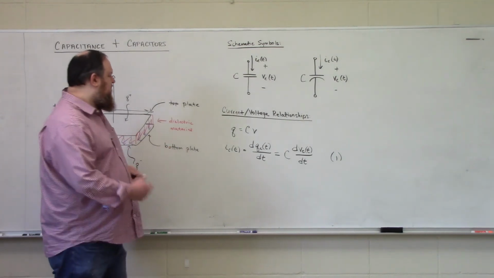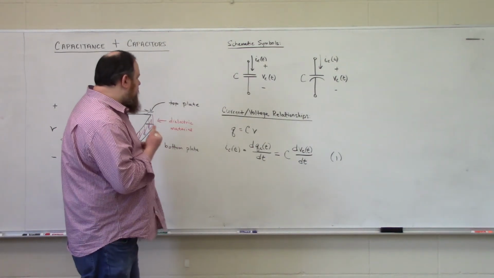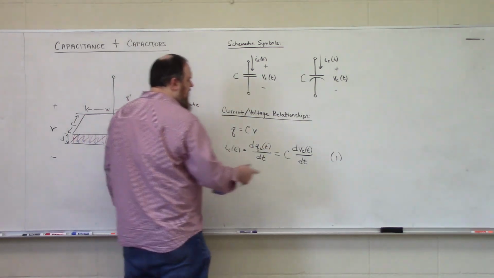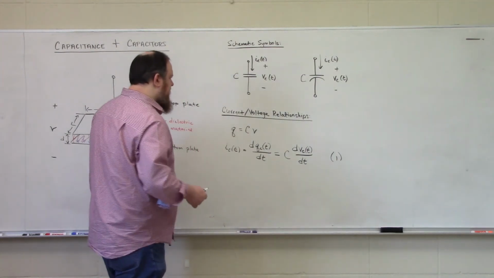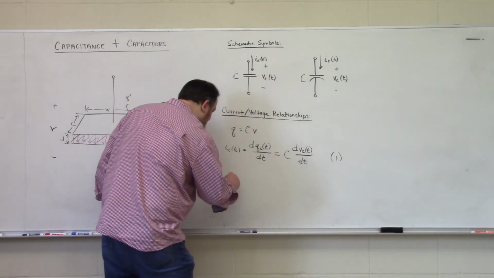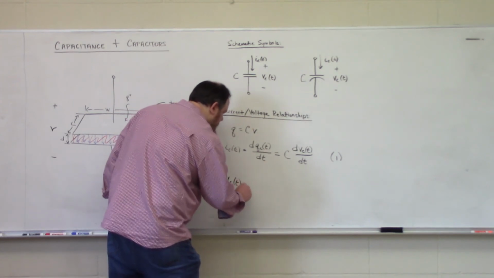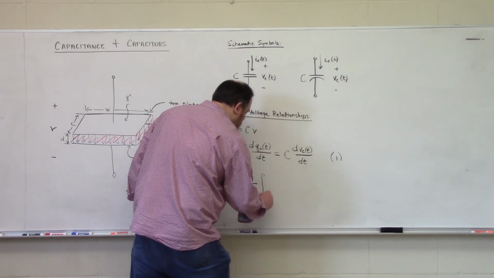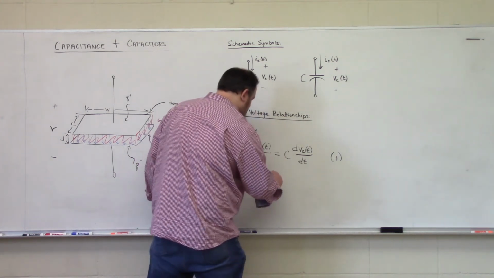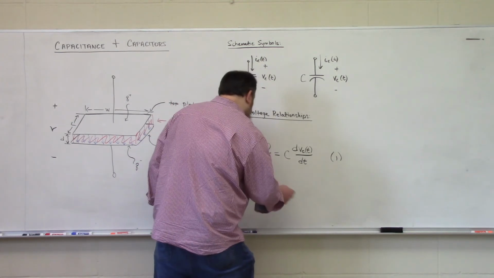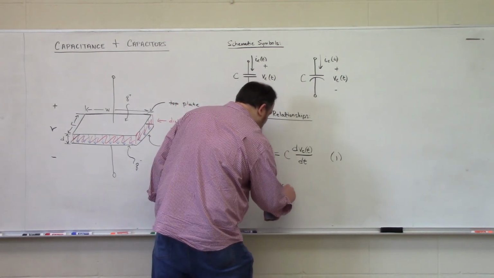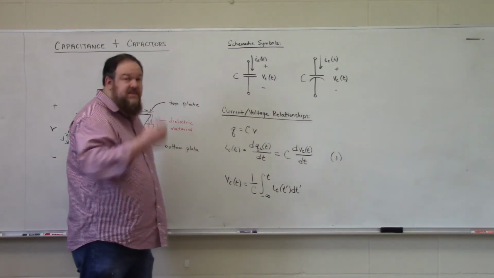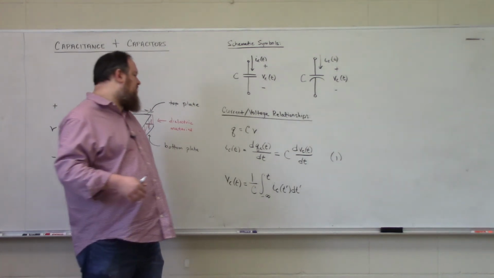Our next relationship we can get by simply rearranging this guy. So if we divide both sides by C and multiply both sides by dt and integrate, we find that V_C(t) will be equal to 1 over C times the integral from negative infinity to t of i_C(t') dt', where t' is just a dummy variable that is representing time.